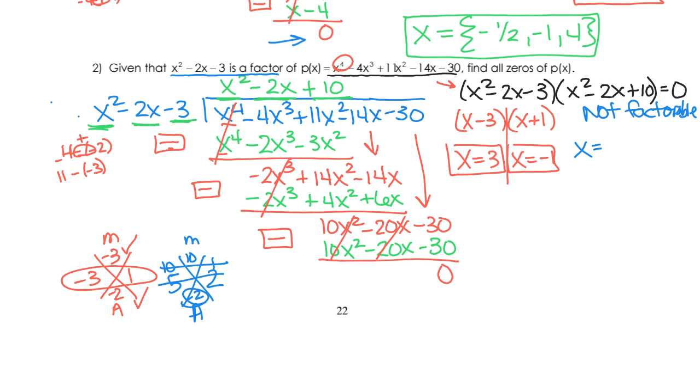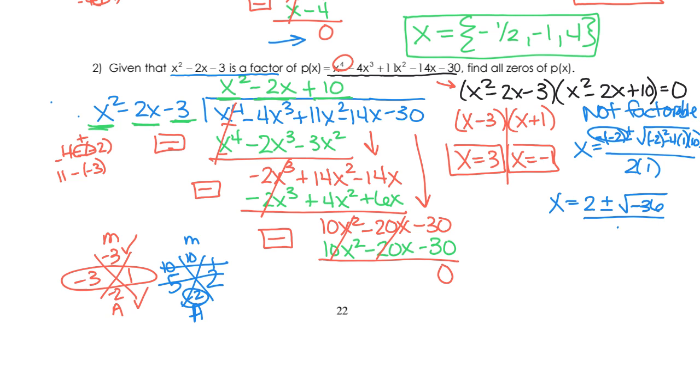Okay. And so plan B is the quadratic formula. So we got x equals negative b plus or minus the square root of b squared minus 4 times a times c all over 2a. And then we end up with x equals, that makes that a positive 2 plus or minus the square root. If we type that in, we're going to end up with negative 36 all divided by 2. And so we got 2 plus or minus, that square root of 36 is not a positive 36.